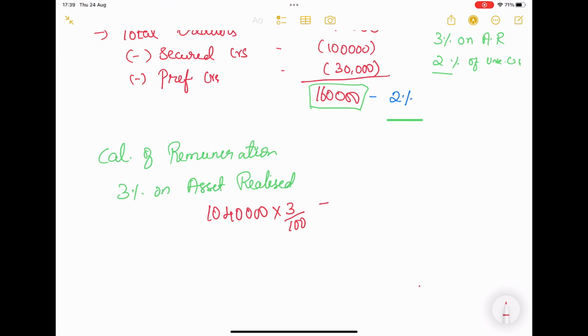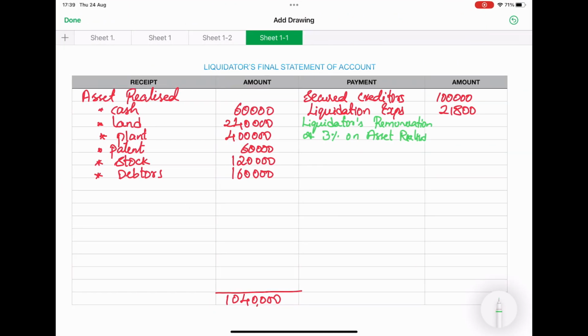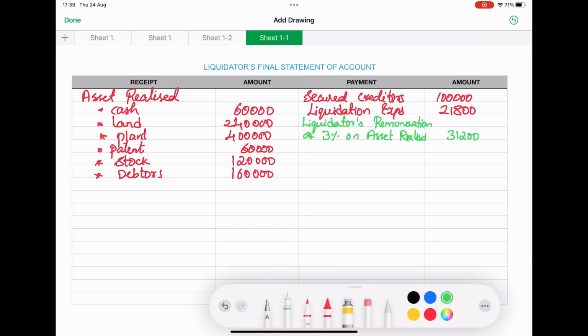You will be getting 31,200. This 31,200 will be recorded in the statement. Yes. So the value is 31,200.